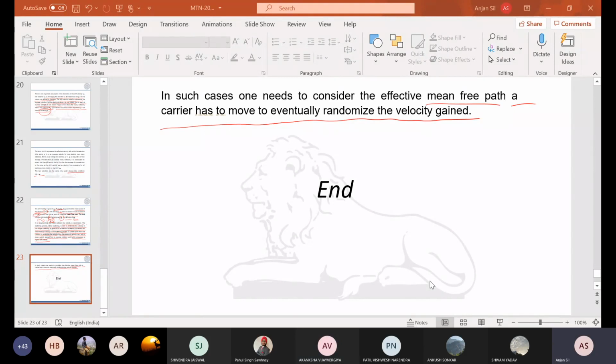Ratnesh Kumar Verma. You're not there? Where is Agampreet?